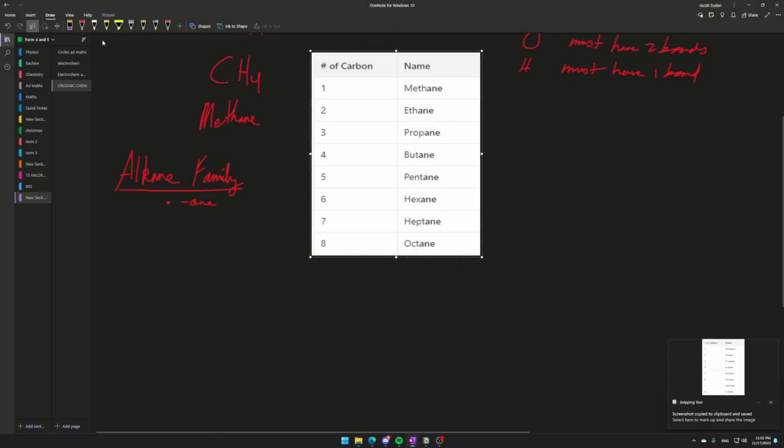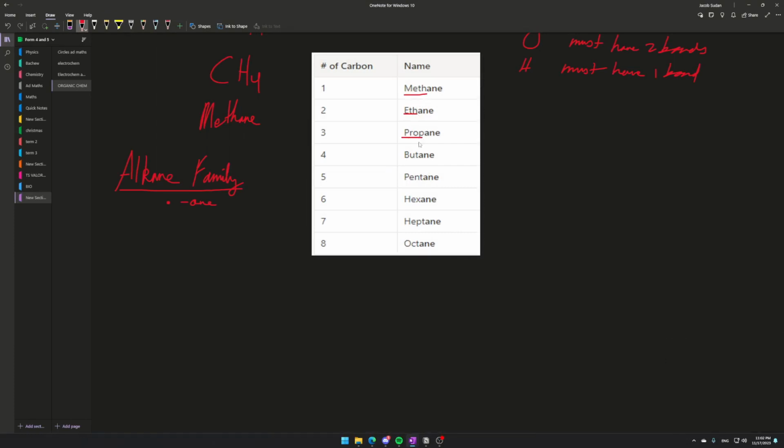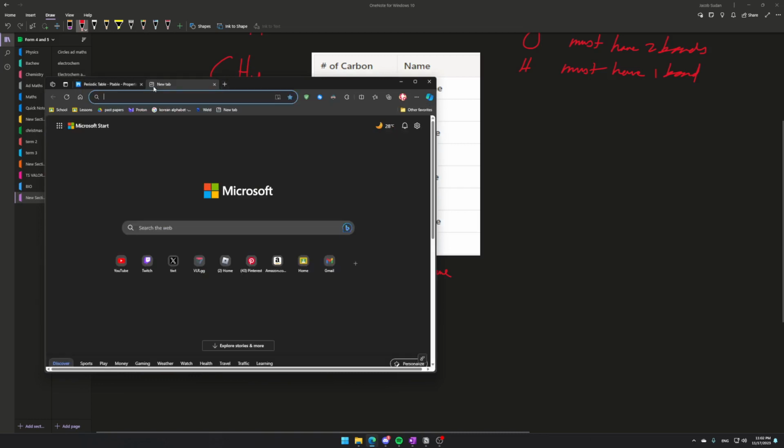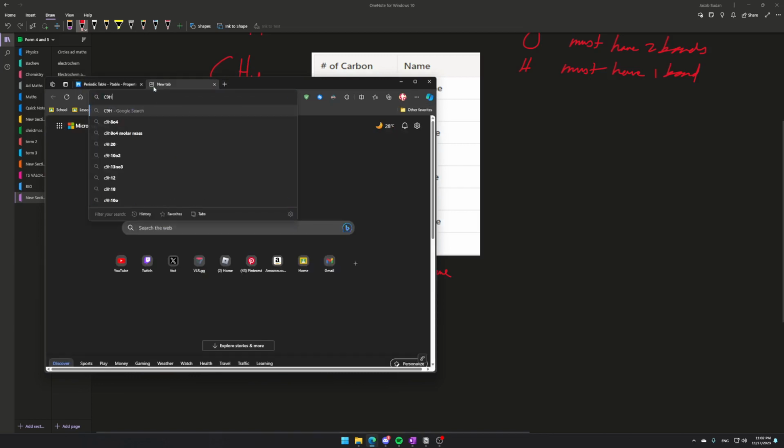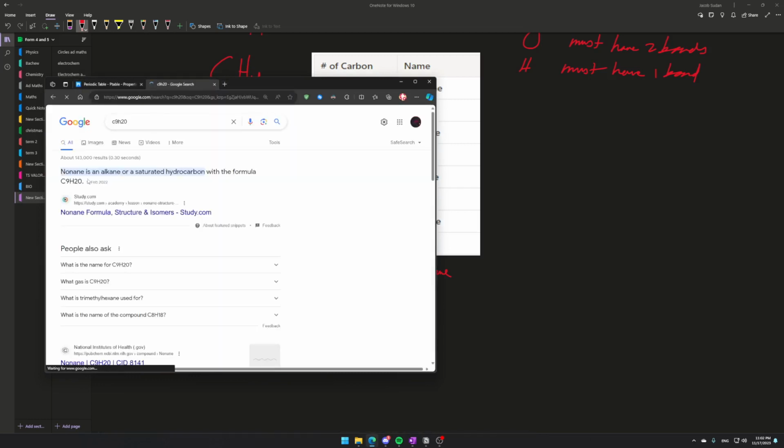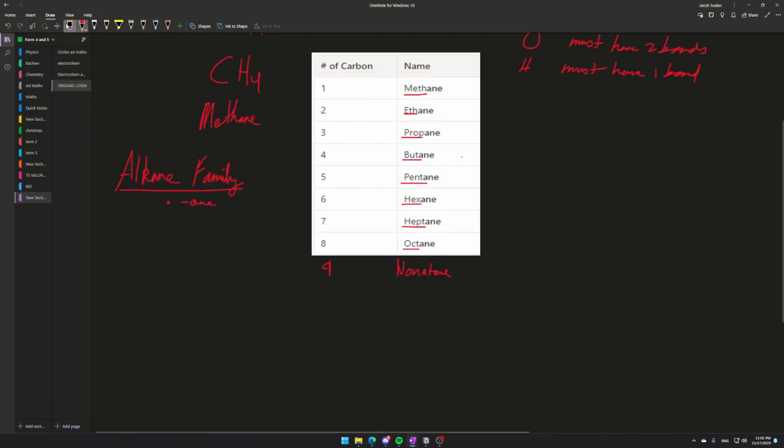We must know that 1 is meth, 2 is eth, 3 is prop, 4 is but, 5 is pent, 6 is hex, 7 is hept, 8 is oct, 9 is non, as in nonane. C9H20 is nonane.